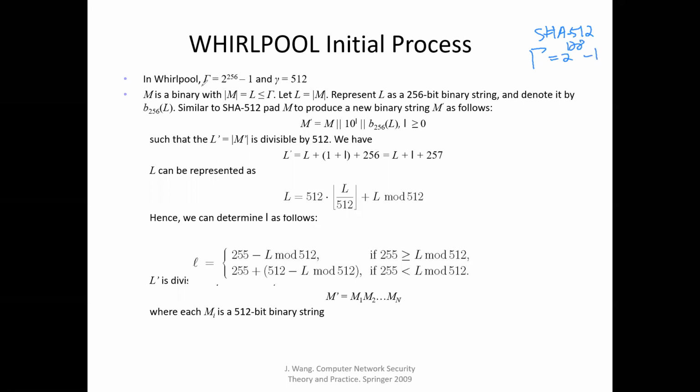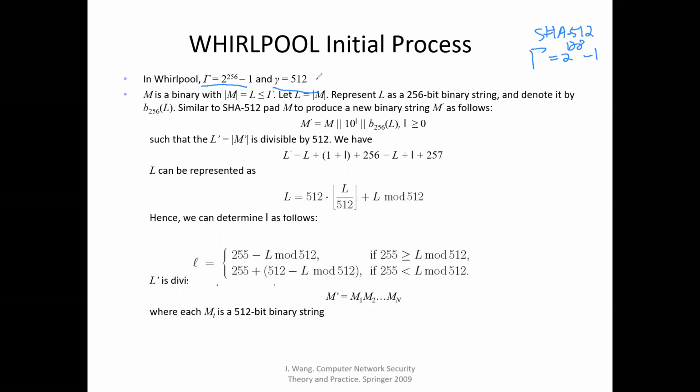In this case, it takes a square, which is 2 to the 256 power minus 1. But the output is still the same length. So small gamma is still 512.